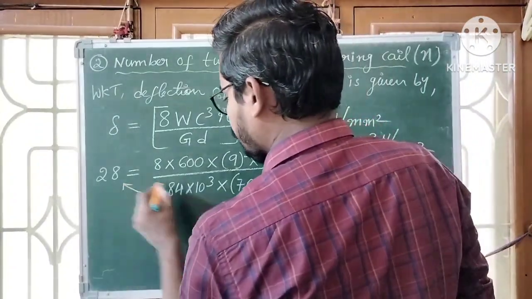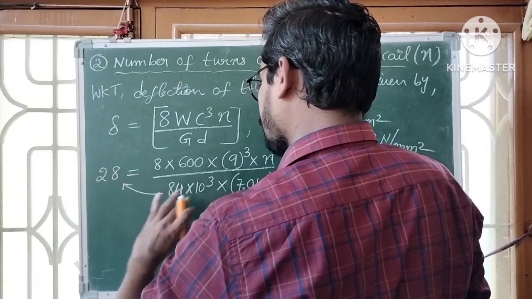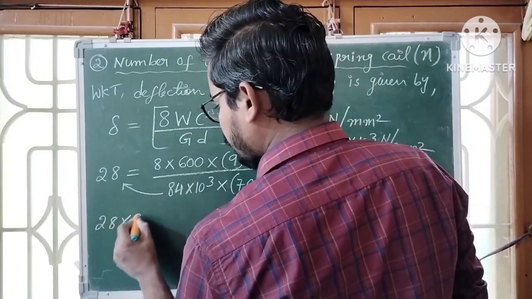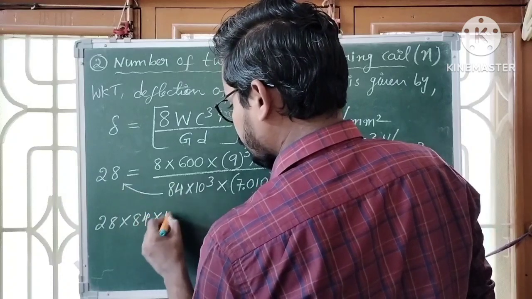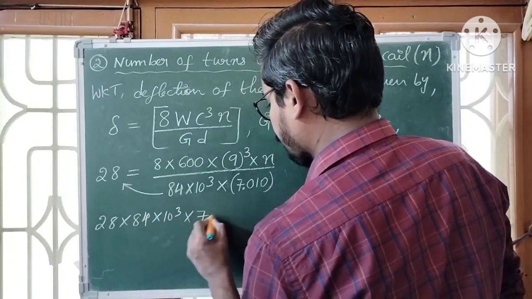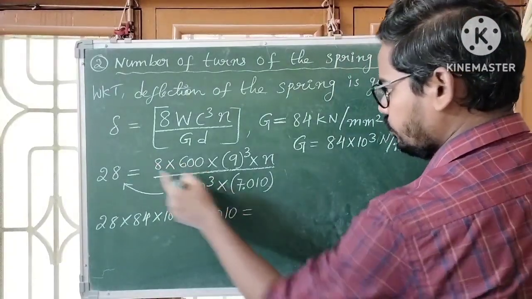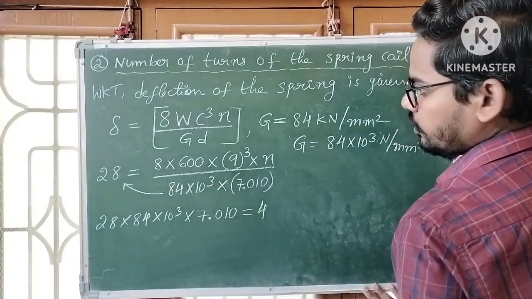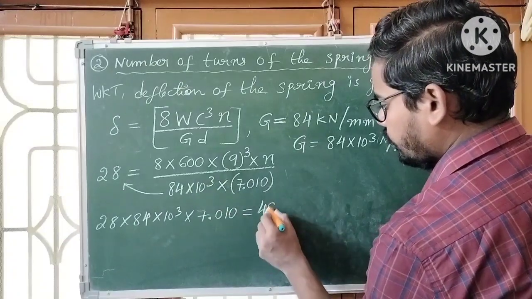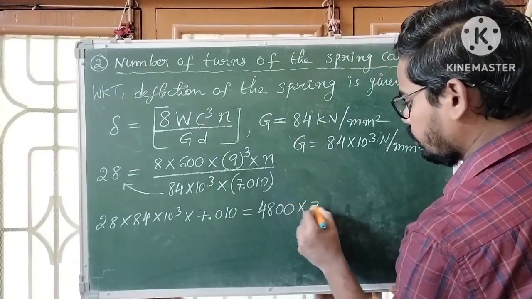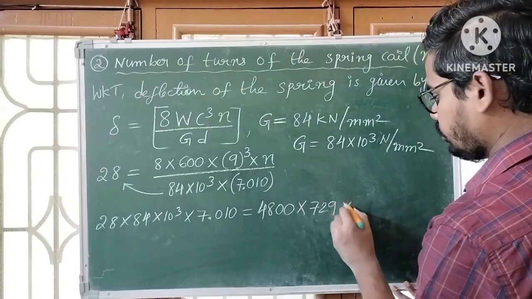We need the n value. Now transpose all the denominator values to the left hand side. Then you will get 28 into 84 into 10 cube into 7.010 is equal to 8 into 600, 6 8s are 48, so 4800 into 9 cube, which is 729, into n.